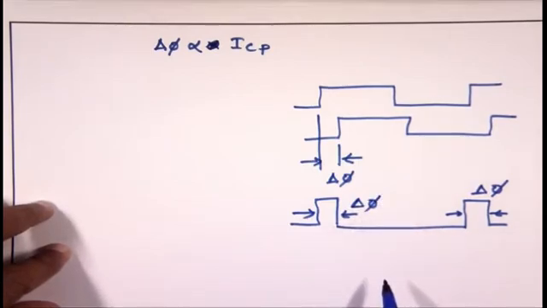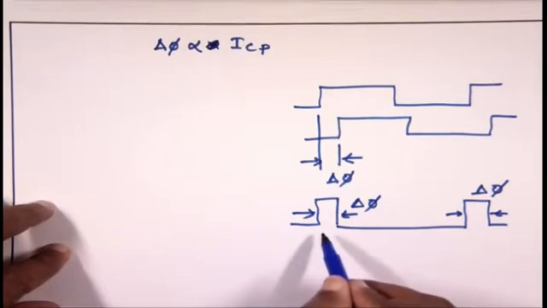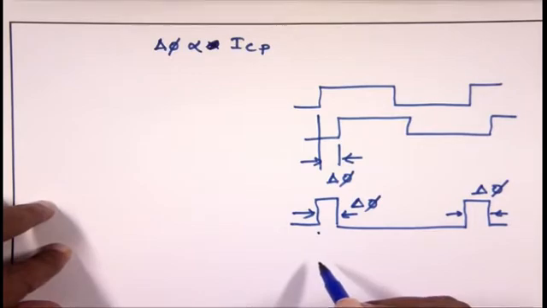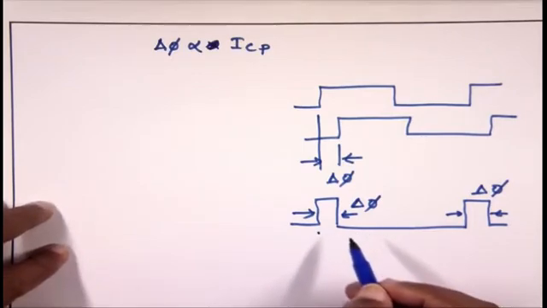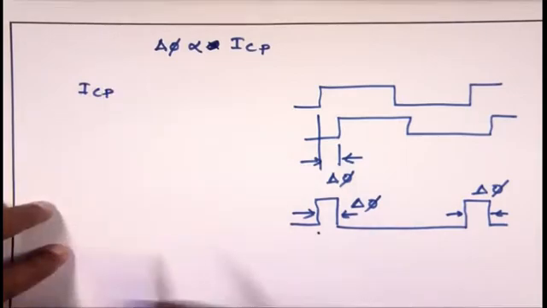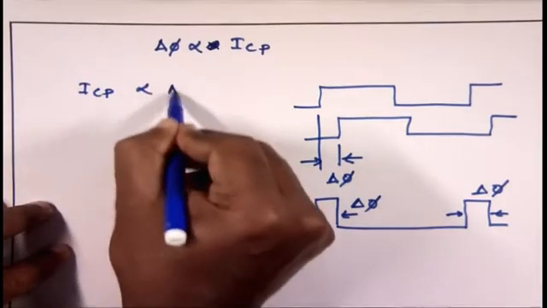Basically the PLL will, proportionally in this time period, push some charges or sink some charges from the loop filter. So if my charge pump current is a constant current source, my total current at the filter will be proportional to delta phi.